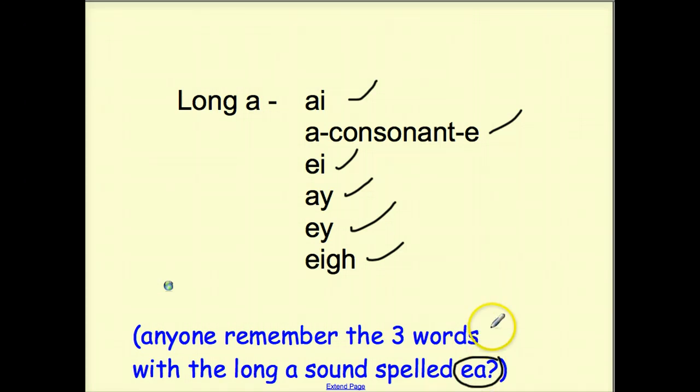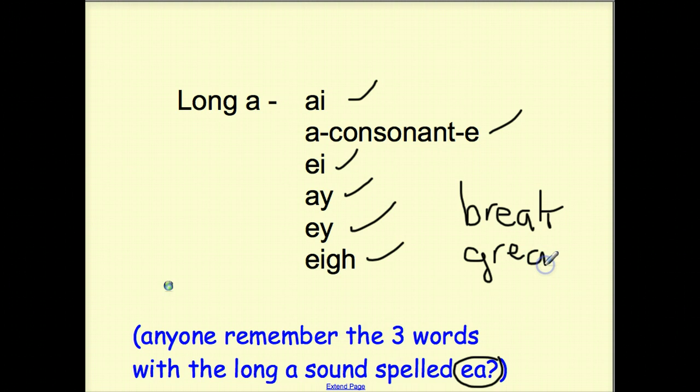Did anybody remember the 3 words that had EA that made the long A sound? We had that little sentence that we helped remember it. Over spring break. Anybody remember it? Over spring break, I had a great, I'm sorry about this printing, it's very hard to print when you're on the computer like this, steak.